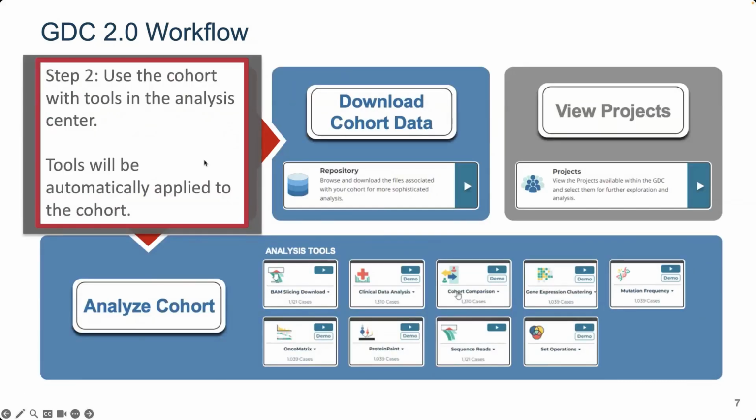The next step is to take that cohort and use it with the tools in the GDC Analysis Center. These are all of the available analysis tools, and the tools will automatically be applied to your cohort. So when you go to a tool and you have a cohort, they are automatically applied, and you're going to see that in a bit.